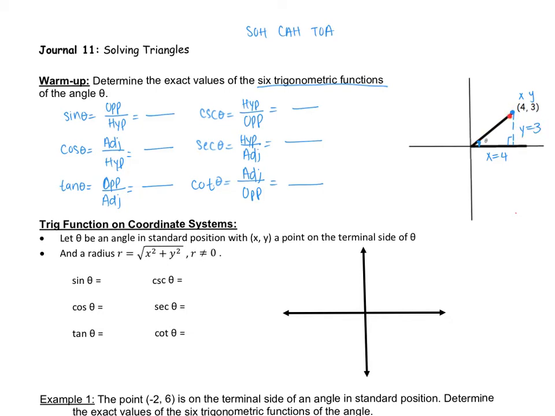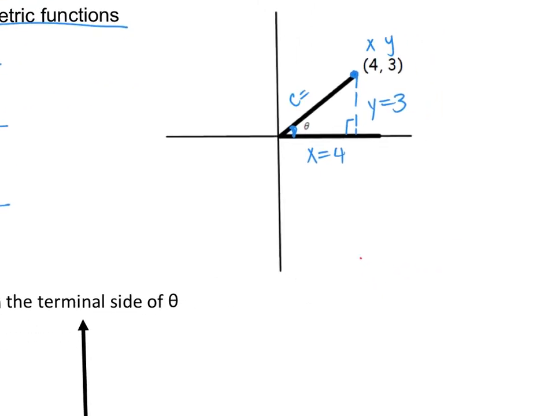Now for the hypotenuse, they don't tell me. So unfortunately, I do need to find out what the hypotenuse is, which I'll call c, using the Pythagorean theorem: a squared plus b squared equals c squared. And I know the two legs, a and b. One of the legs is 4, so 4 squared, plug that in. My b here is the other leg, so that's going to be 3 squared.